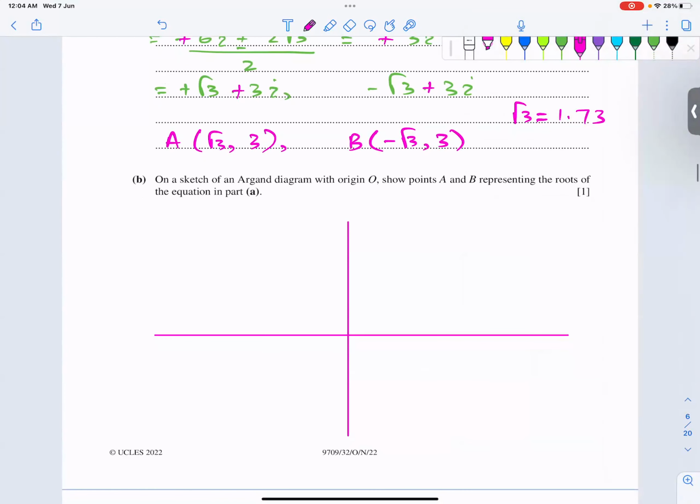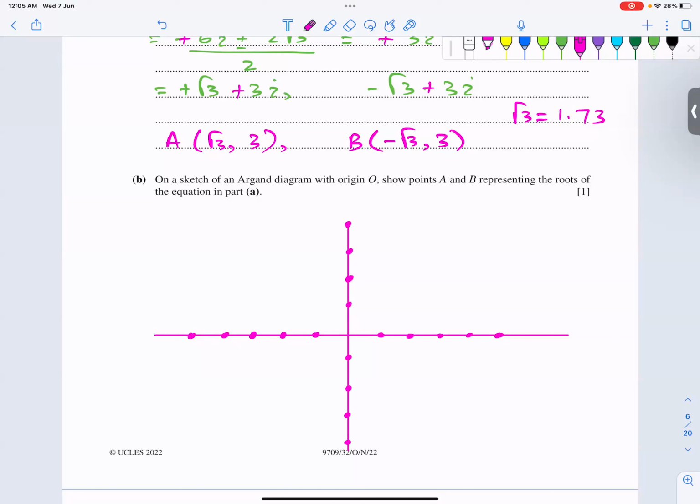So now, 1, 2, 3, 4, and 5, minus 1, minus 2, minus 3, minus 4, and minus 5 on the axes.